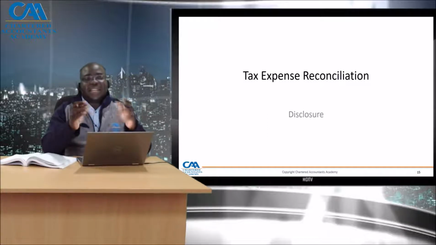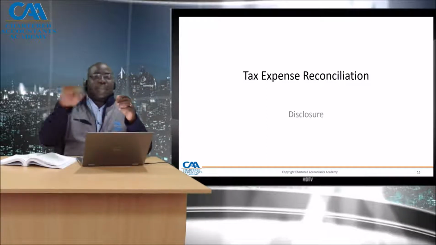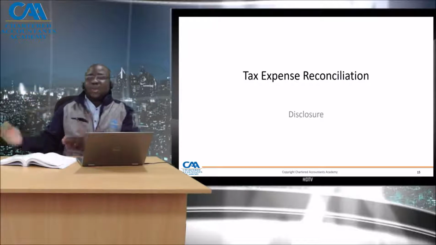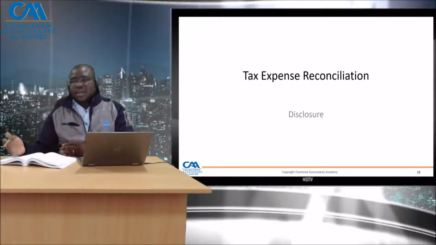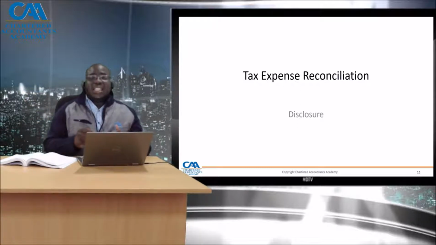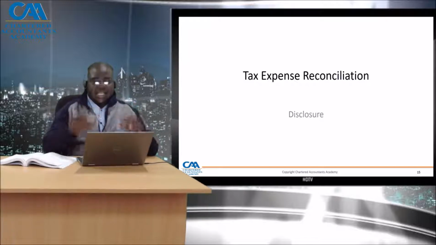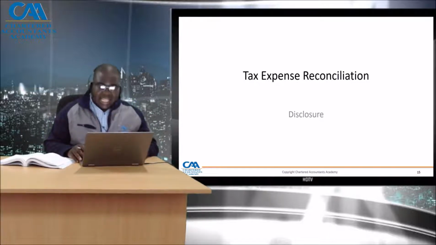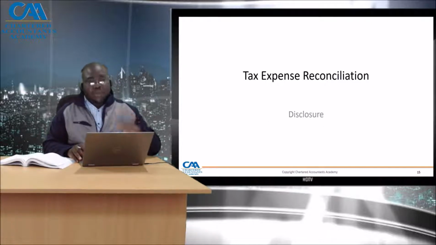What is expected? If I take my profit for tax and multiply by a tax rate, I would normally expect that to be the tax expense. But when it's different, it's appropriate to show why it's different. That is done under the tax expense reconciliation, which is part of the tax expense note.